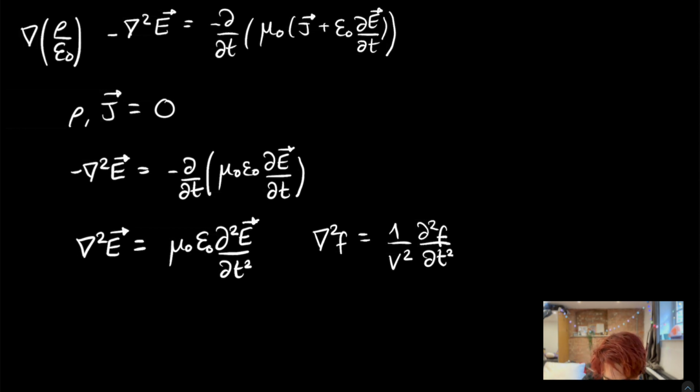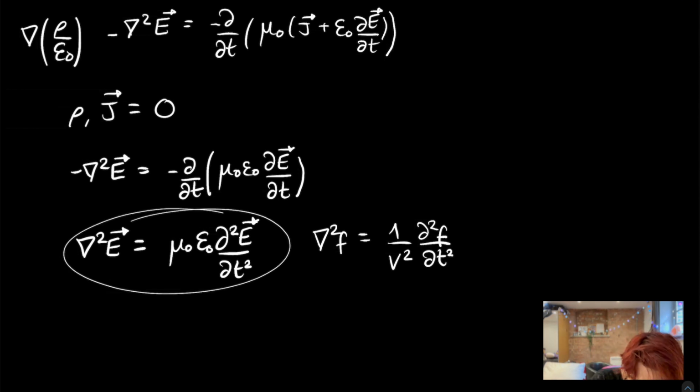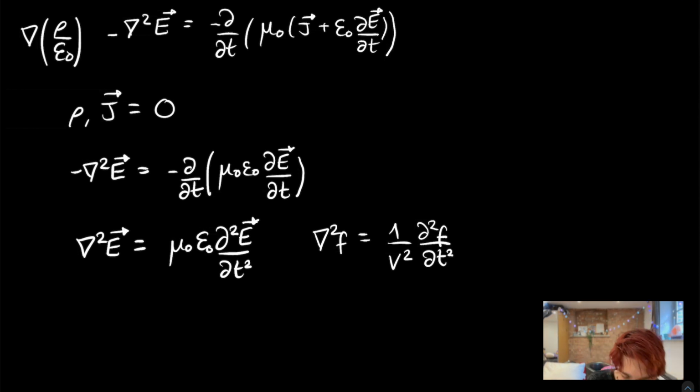But we are suggesting that this mu naught epsilon naught could be 1 over v squared, because it fits as the coefficient in the wave equation. We have a wave equation right here. We know we do because we have the second spatial derivative being proportional to the second temporal derivative.